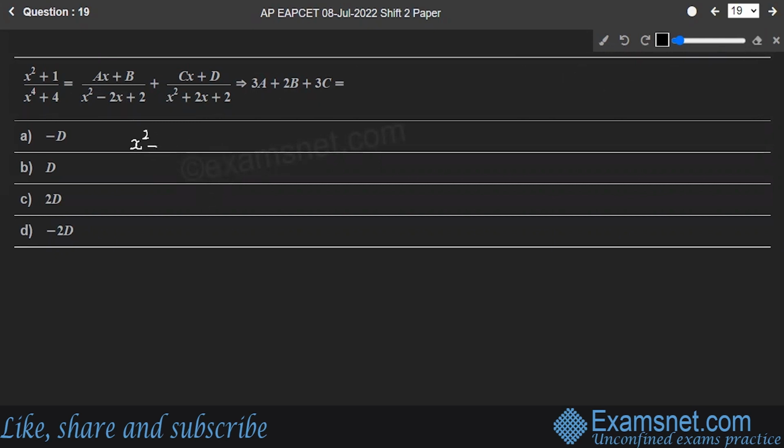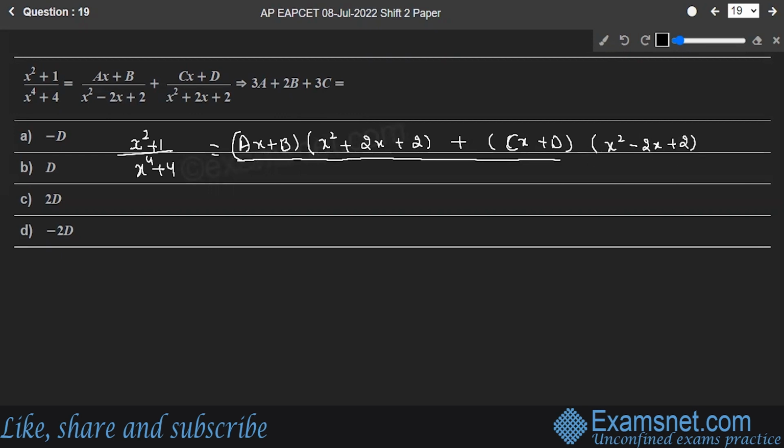Let's write it down. It's (x² + 1)/(x⁴ + 4). This whole is equal to, I'm not going to write down the LHS, I'll be solving it. Taking the LCM, you will have (ax + b) multiplied by (x² + 2x + 2) plus (cx + d) multiplied by (x² − 2x + 2), whole divided by, so now this can be seen as x² + 2 − 2x, and this can be seen as x² + 2 + 2x.